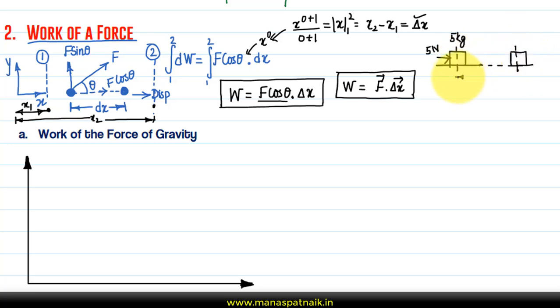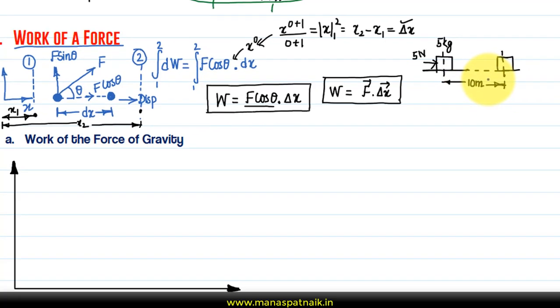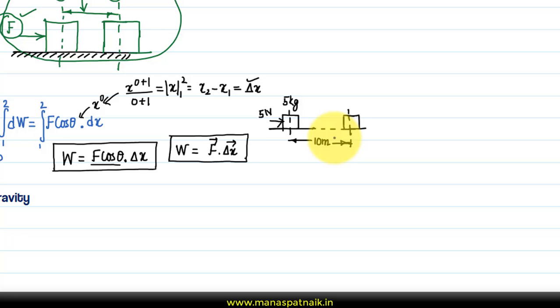Let's say that the distance is 10 meters, and if I were to ask you the total amount of work done in displacing this block of mass 5 kg, that can be calculated very easily. So W is equal to force, that is 5 newtons, multiplied by the displacement. How much is the displacement? 10 meters, right? And this is going to work out as 50.